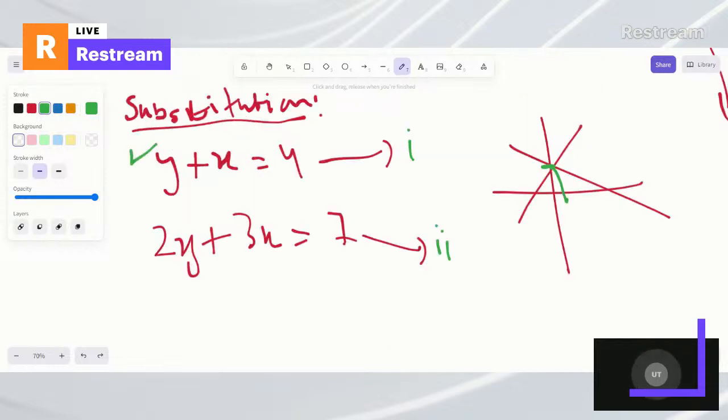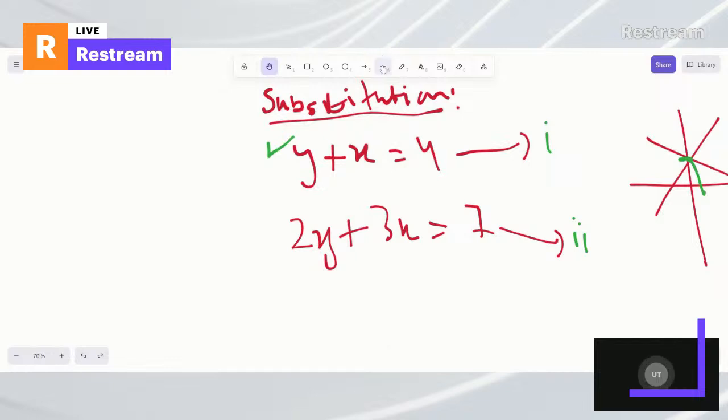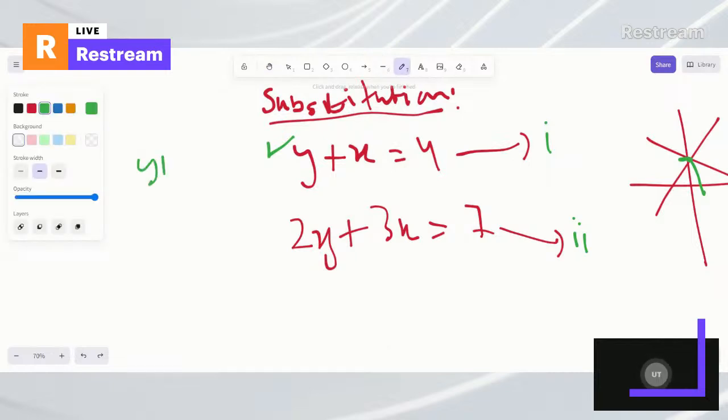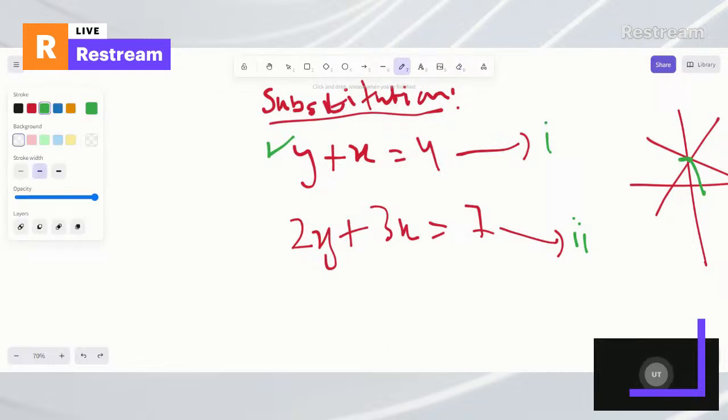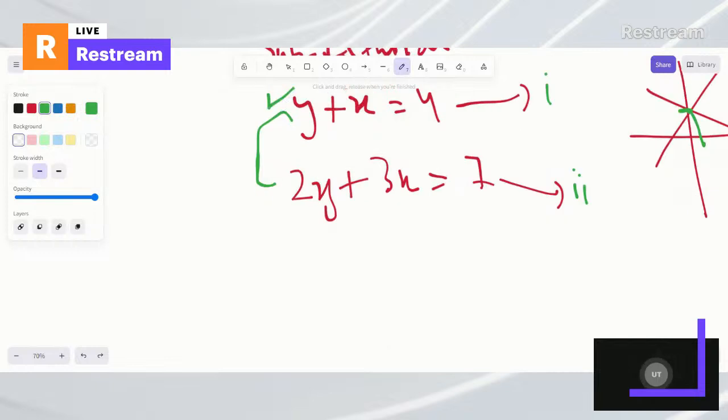In case there are three variables, say x, y and z, we cannot solve this until we have three equations that include all of these variables. So with two variables, we require two equations. Now we have two equations.